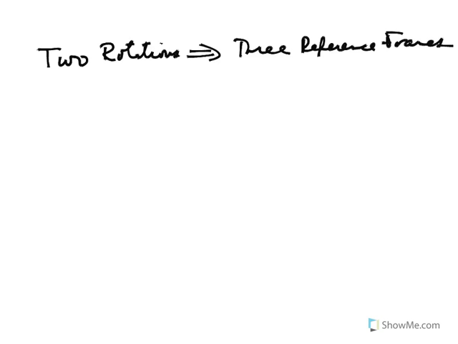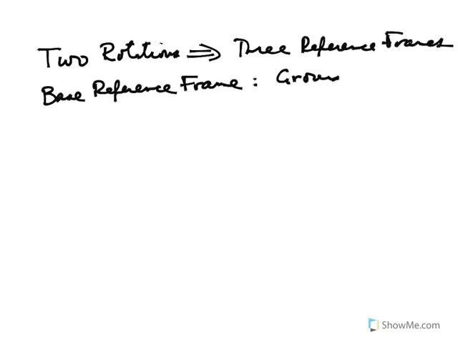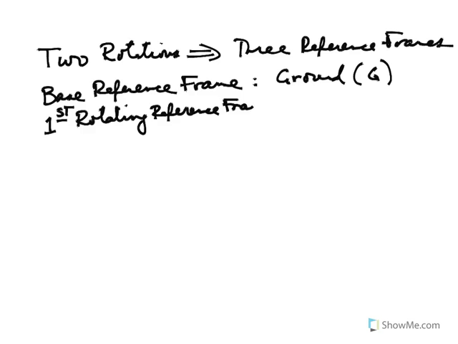So what are the 3 reference frames? The base reference frame is the ground, which I'm going to label G. The first rotating frame is the shaft / arm, because it's one rigid assembly.